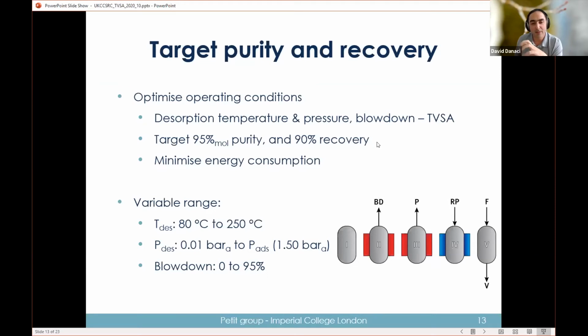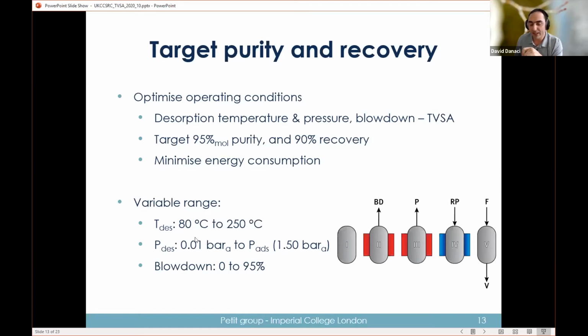And to do that, we're going to run an optimizer over these process conditions here while minimizing the energy consumption. So we're going to limit the desorption temperature to 250 degrees C. This is just as a temperature stability measure, just in case there's thermal degradation issues with the MOFs.